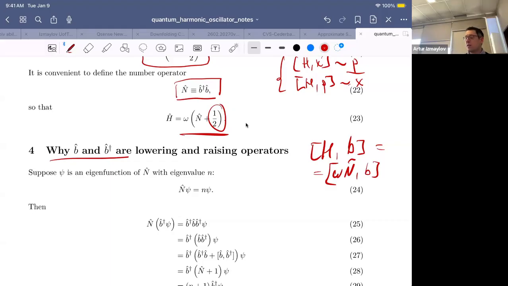So the commutator of H with B is the same as the commutator of omega N with B, as omega is also constant. This is a commutator of N with B times the frequency omega. So this is the most important commutator, N with B, and then N with B dagger. And we could see that these commutators are exactly what we want.